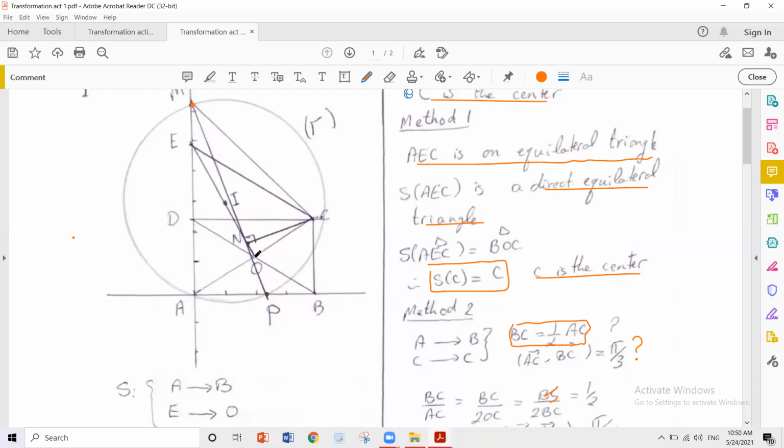Why is it a perpendicular bisector? So this line is the perpendicular bisector.